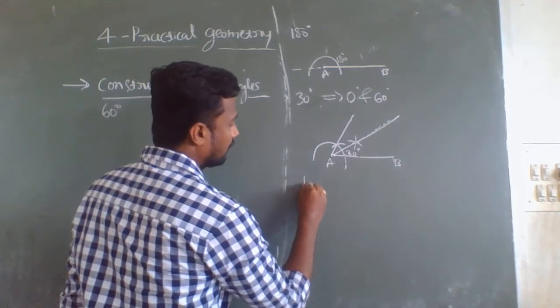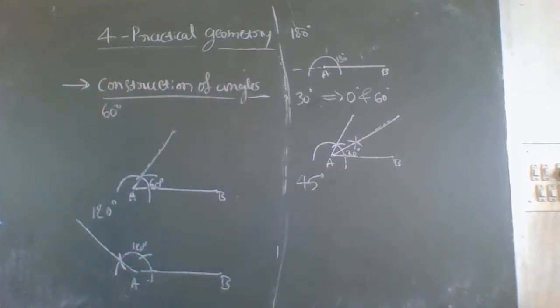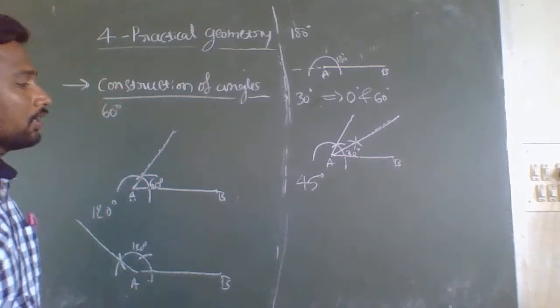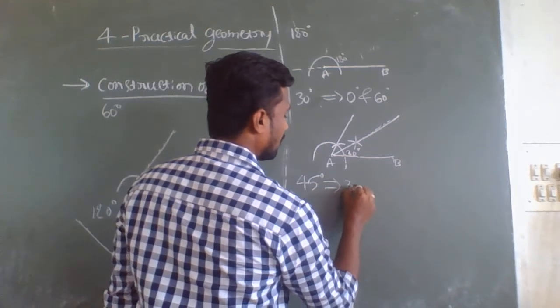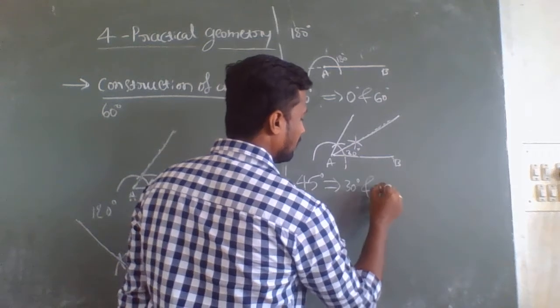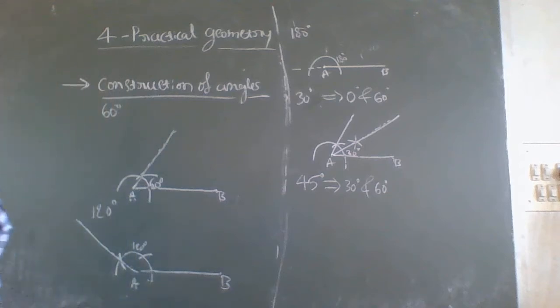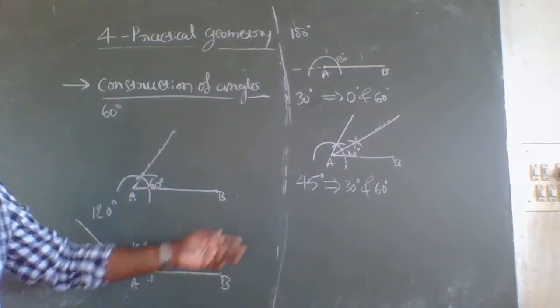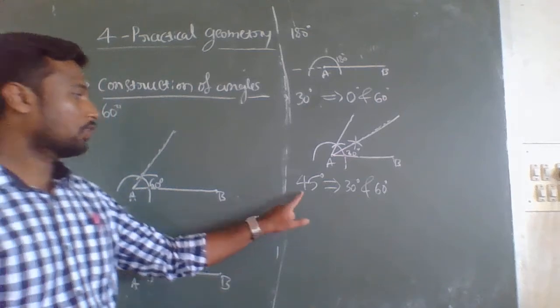45 degree. We all know 45 is between 30 degree and 60 degree. See here, 45 degree is between 30 degree and 60 degree.